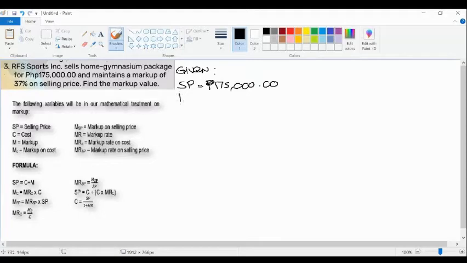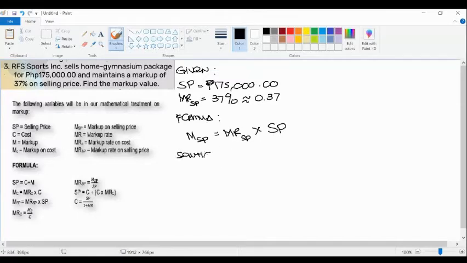We also have the markup rate on selling price of 37%, or equal to 0.37. So what is the formula that we're going to use? That is, markup on selling price is equal to the markup rate on selling price multiplied by your selling price.